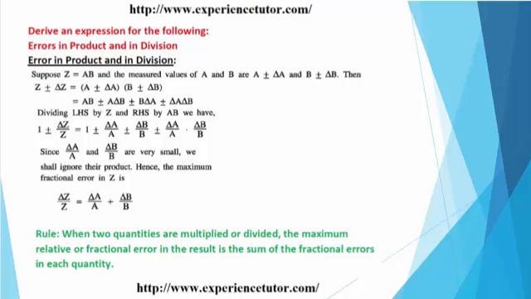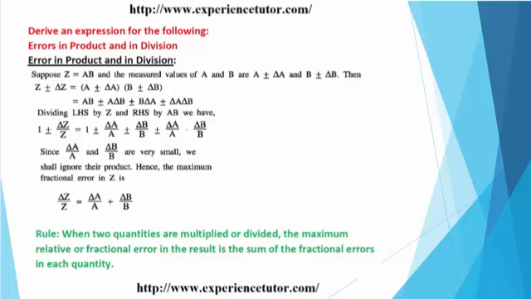Dividing LHS by Z and RHS by AB, we have 1 ± ΔZ/Z = 1 ± ΔA/A ± ΔB/B ± (ΔA/A)(ΔB/B).